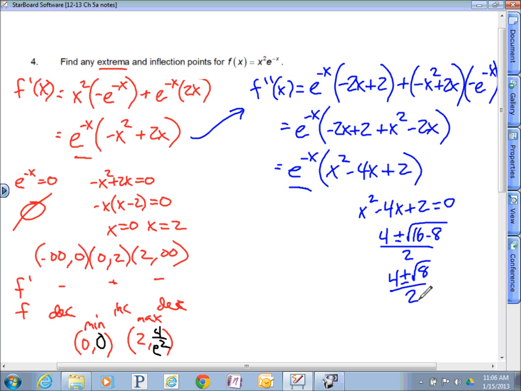And I think once we get to that point, you could probably turn that into a decimal easy enough. I know that x squared minus 4x plus 2 is a parabola that's opening upward. We just found out it's going to hit the x-axis 2 times, so we'd end up with 2 inflection points, and they'd be at x equals 4 plus or minus square root of 8 divided by 2. If we needed better detail, we could get our calculator out and find it.